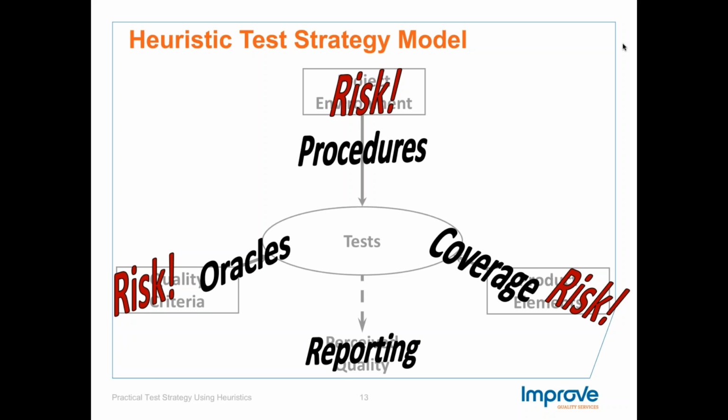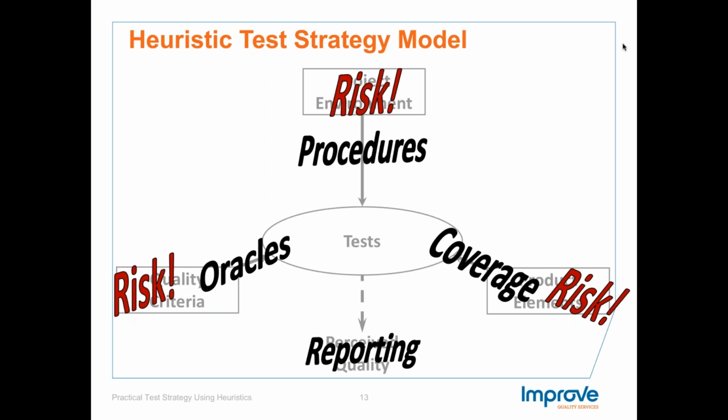And the context, the way we work, is handled with procedures. The quality criteria are closely related to the oracles. How do I recognize problems? And obviously the product we want to cover. So how do you cover it? Using product elements. I will zoom into that a little bit later.